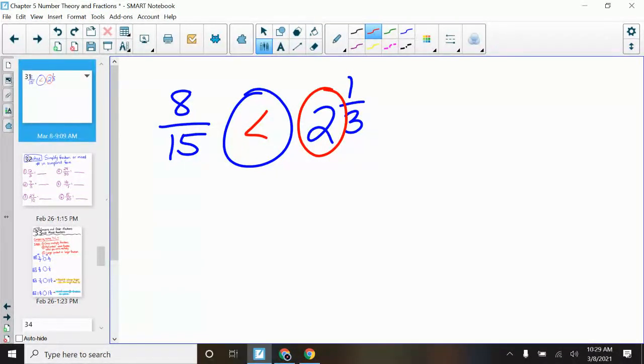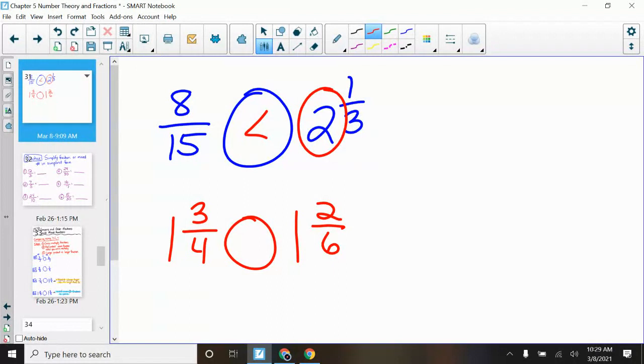So what happens when you're comparing things that match? What if I'm comparing a mixed number and another mixed number, like 1 and 3 over 4 and 1 and 2 over 6?